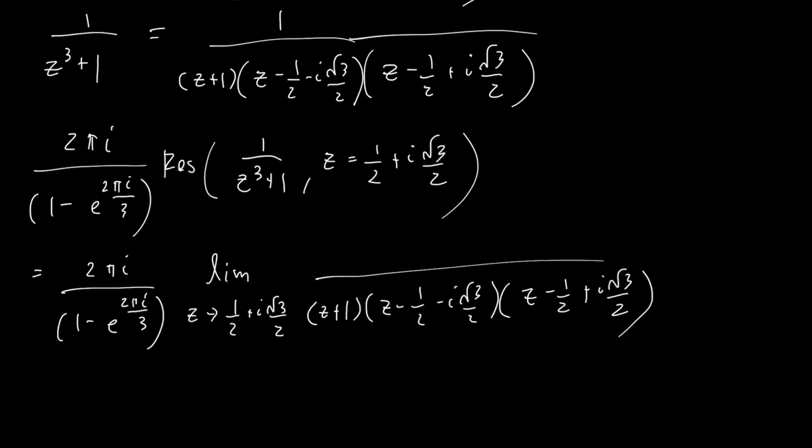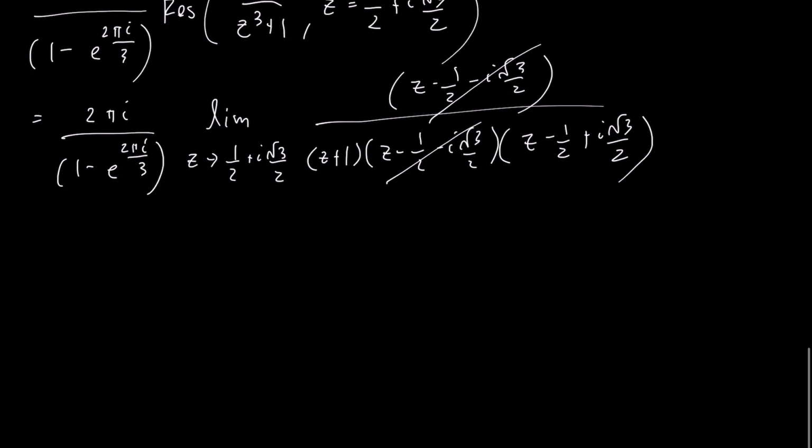And since it's a simple pole, we're going to multiply this by z minus 1/2 minus i times the square root of 3 over 2. And so what that does is it will end up canceling the whole.